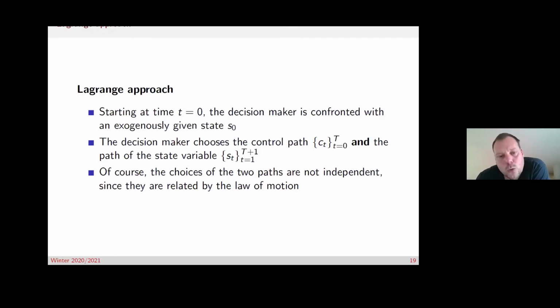How do I want to build this into the problem? Well, I could use the law of motion, the equation that tells me how my control today and my state variable tomorrow are interrelated, as a restriction.